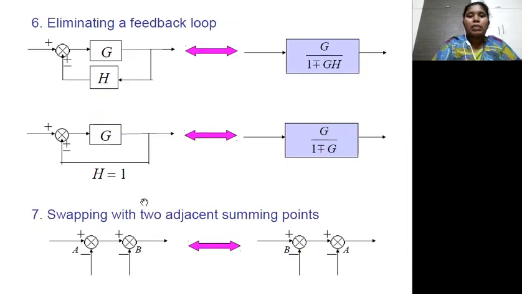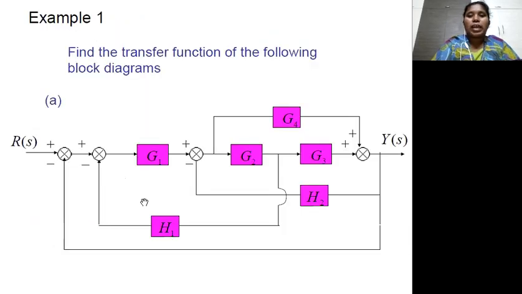Also we can eliminate the feedback loop by considering the overall transfer function for any feedback loop, or for a unity feedback system also. And we can swap two summing points, or a number of summing points which are connected adjacently, with each other. Now coming to the example, I want to explain how to solve it by using block diagram reduction techniques, or how to determine the transfer function for this particular given control system.